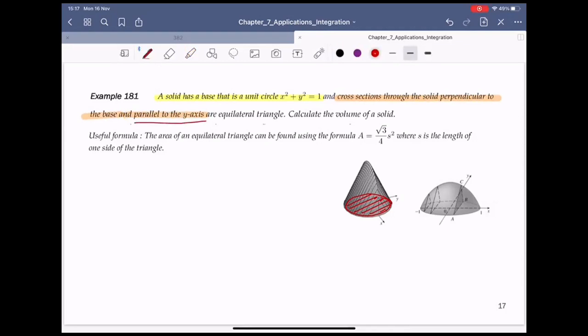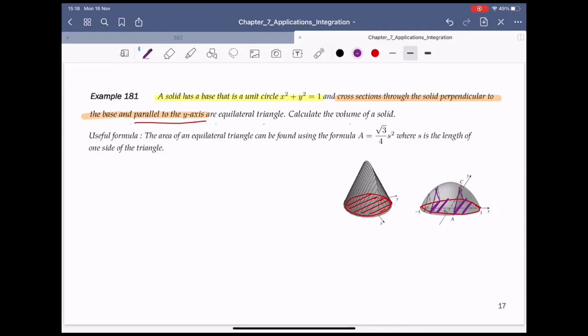are equilateral triangles. So that means every time you have a solid here, and you know that the base is your circle, every time you cut parallel to the y-axis, look at the purple line I just drew on the picture, you get an equilateral triangle.